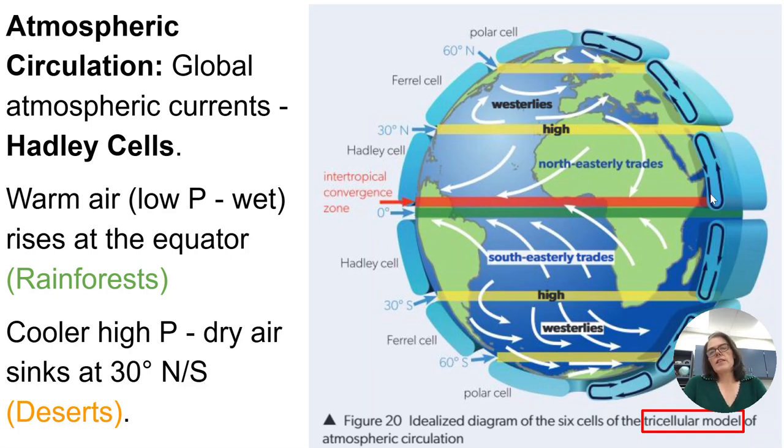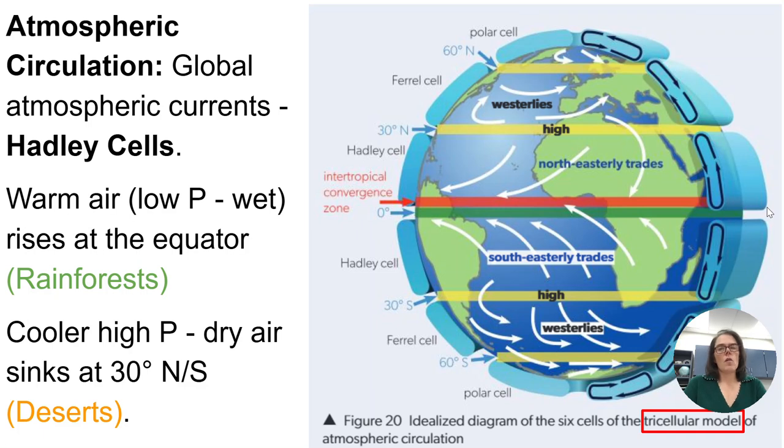Okay, so because they alternate, we end up with these cells over here. Now, they're a little bit hard to understand, so I'm going to show you in the next slide. But where we're headed is that at the equator, we end up with hot air. We have a lot of insolation, right? A lot of sun coming in here. We heat that air. It rises.